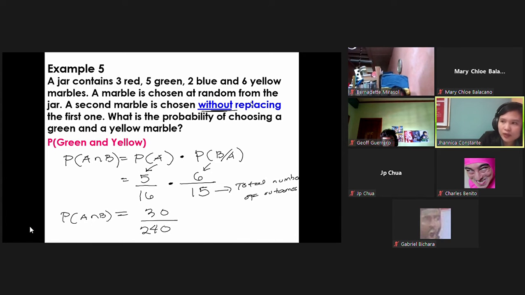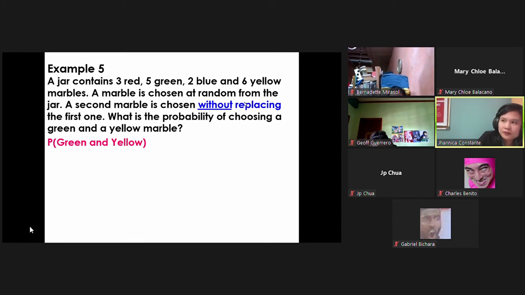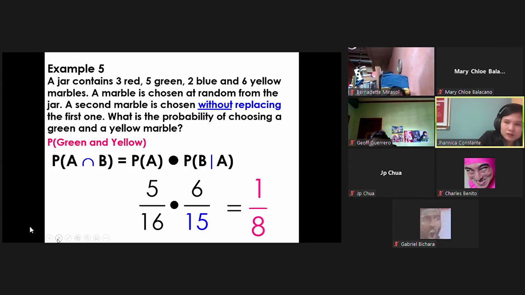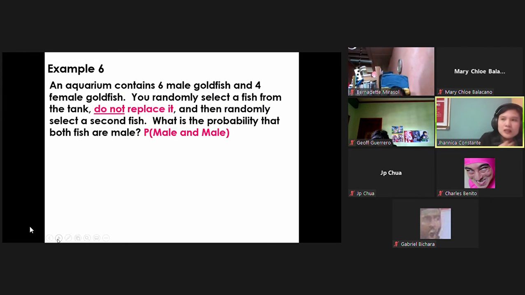So let's have another example for the dependent event. For example, we have this problem. An aquarium contains 6 male goldfish and 4 female goldfish.